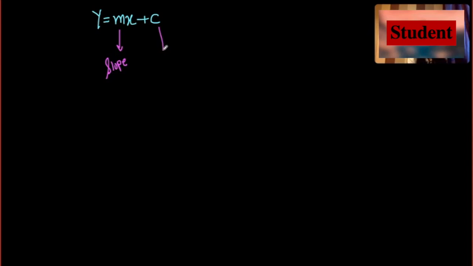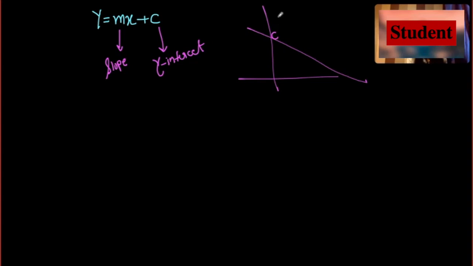And this is your y-intercept, which means that if you plot a straight line, this value is c. And the coordinate is 0 comma c always, because on the y-axis your x value has to be 0.